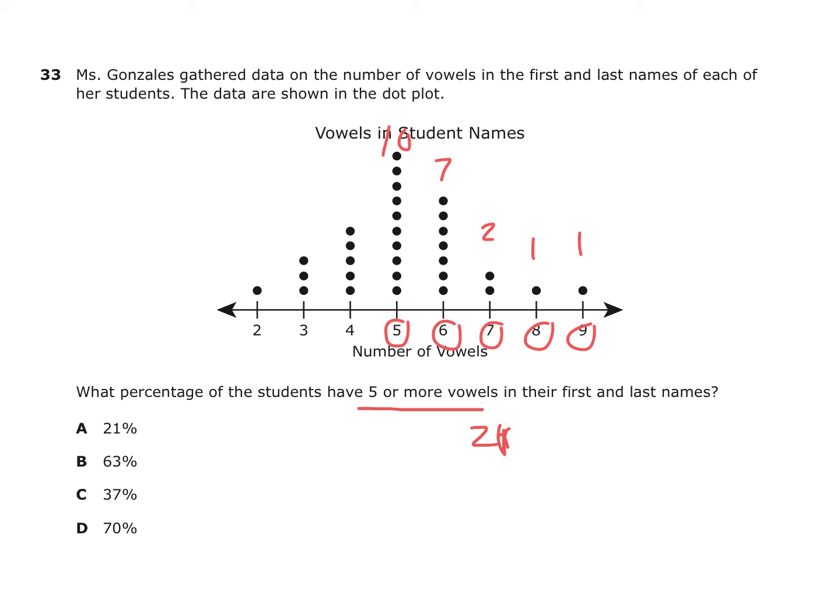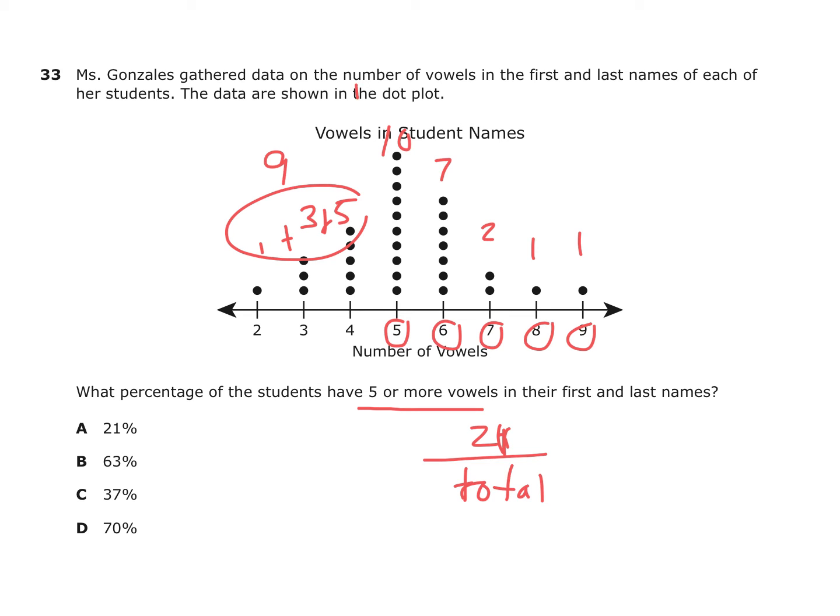21. And so the percentage would be 21 out of the total. Well, what's the total? Well, we have 1, 2, 3, 4, 5. 5 here, 3 here, and 1 here. So that this is 9. 5 plus 3 plus 1, this is 9.